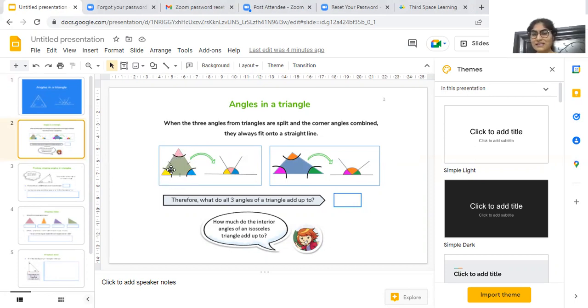What about these little lines? What are these representing? Yes, they are representing that all sides of the triangle are equal to each other, right? So what type of triangle is it? Yes, it is an equilateral triangle, right?